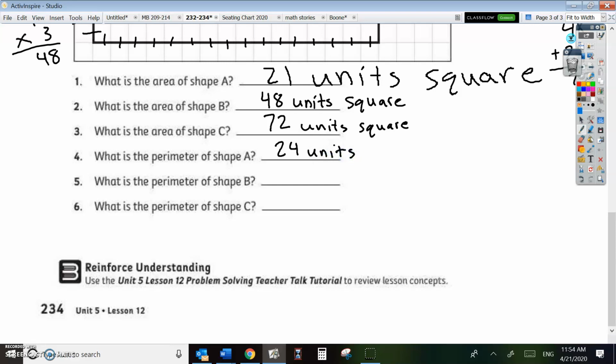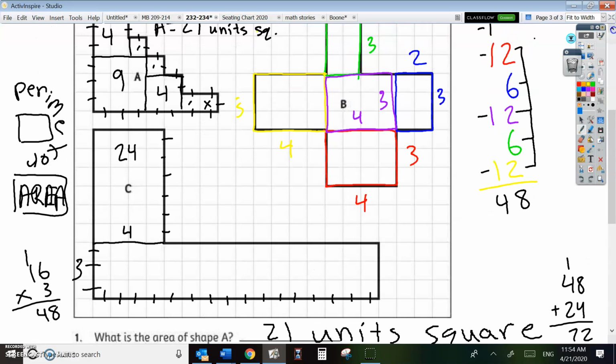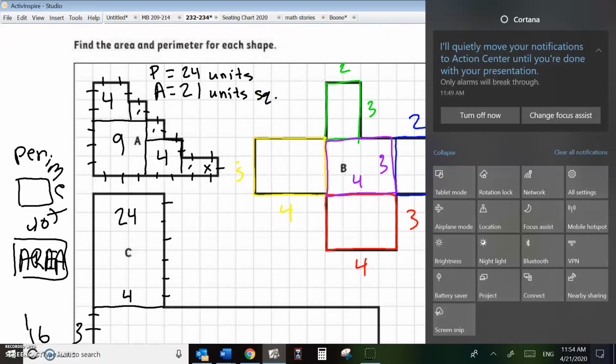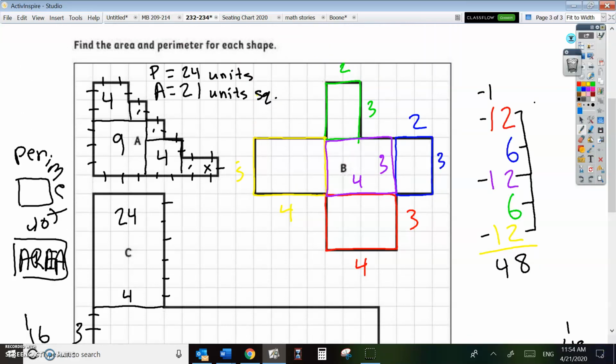Perimeter for shape B. 1, 2, 3, 4, 5, 6, 7, 8, 9, 10, 11, 12, 13, 14, 15, 16, 17, 18, 19, 20, 21, 22, 23, 24, 25, 26, 27, 28, 29, 30, 31, 32, 33, 34, 35, 36, 37, 38.